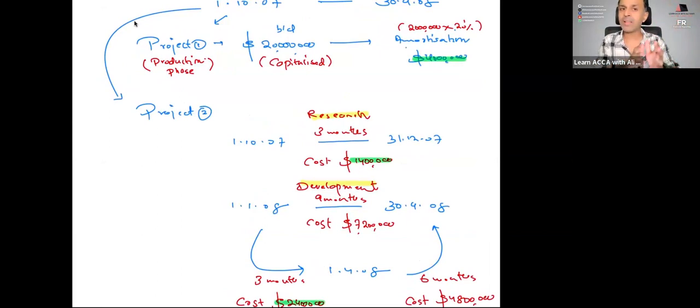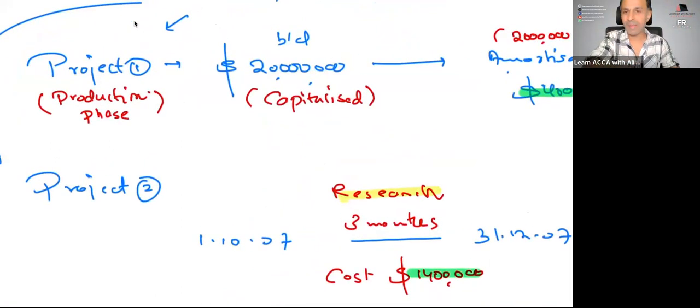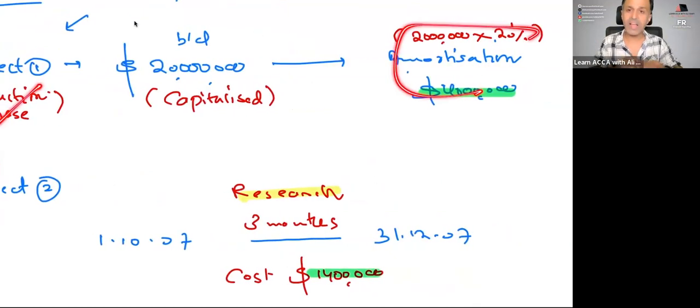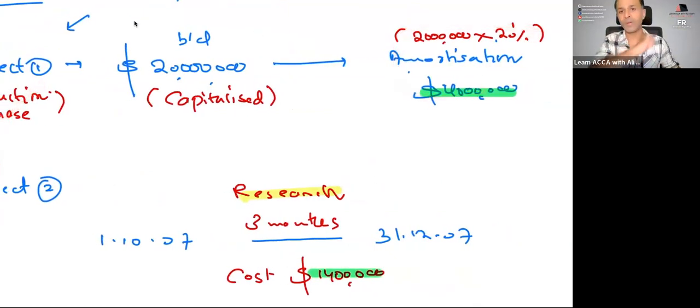If they're telling us that this project is in the production phase, they're hinting towards amortizing it. Otherwise, $20 million they have capitalized. I did not capitalize this. They already have capitalized this. So I'm not there to make a choice to capitalize or expense. If they had hinted me towards amortizing it later on, which I did.